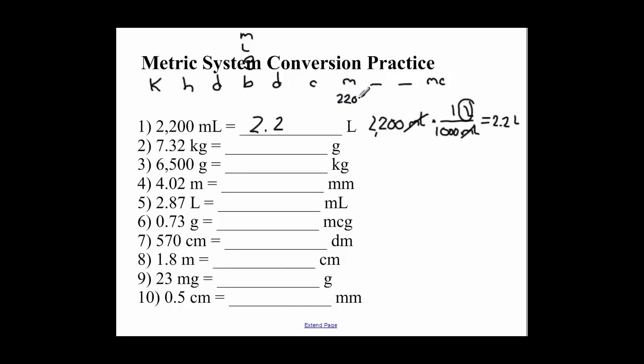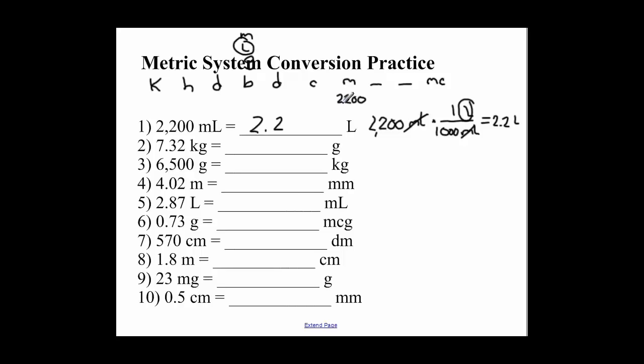2,200. And one nice thing about the metric system, it's all based on powers of 10. So when we're converting from one unit to the next unit, we either multiply by 10 or divide by 10. So in this case, we're going from milliliters to liters, and liters is back here at the base unit. A liter is larger than 1 milliliter, so we're going to need fewer liters.